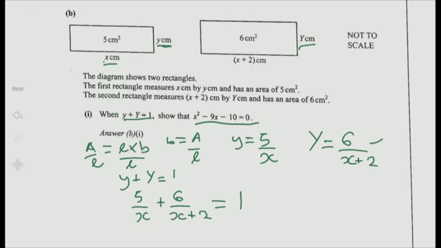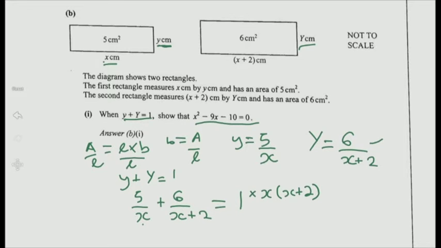So therefore, at this side, you can multiply this by x into x plus 2, which is the LCM of those two denominators there. Right.